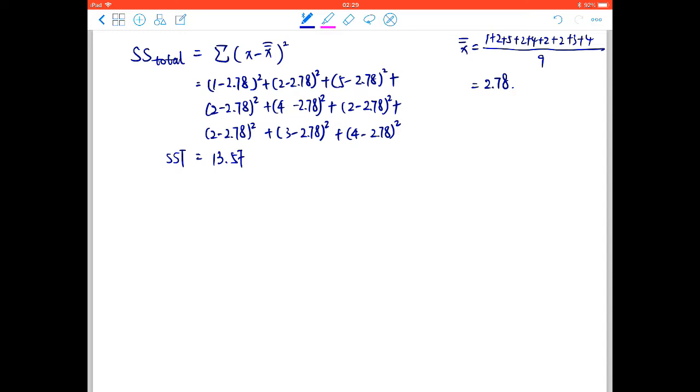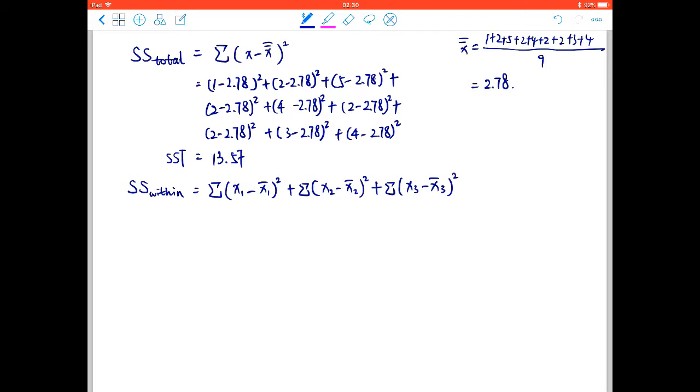And we finally get SST equal to 13.57. Also, we need to calculate the sum of squares within the groups. During this process, we only need to consider each number in a group minus the mean of that particular group, and sum them. Since we have 3 sets of data, we need to get 3 summations on different sets of data.